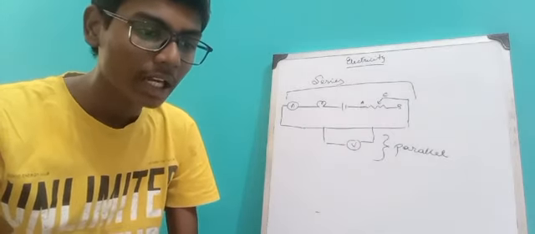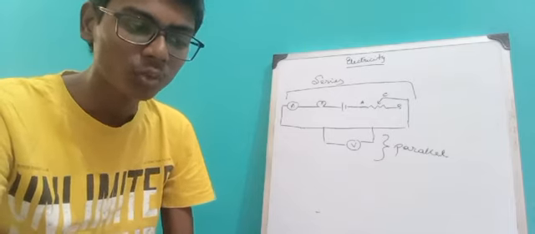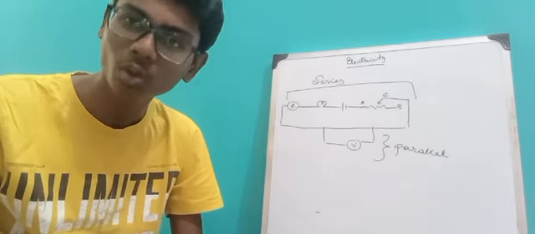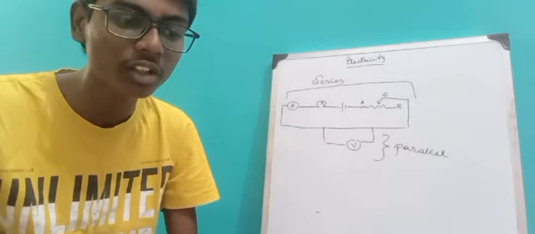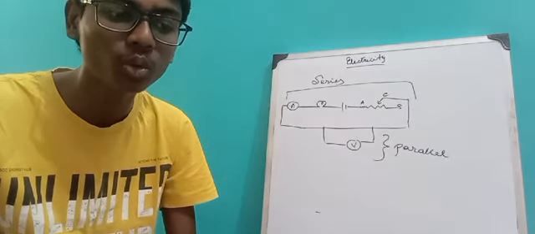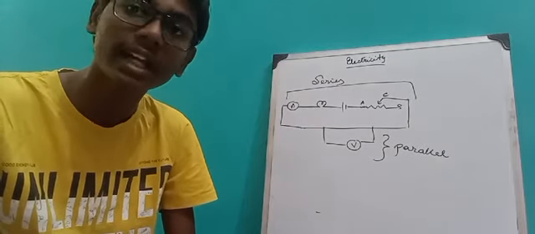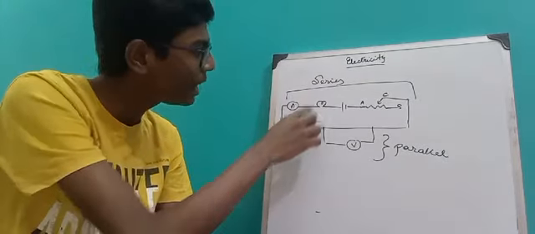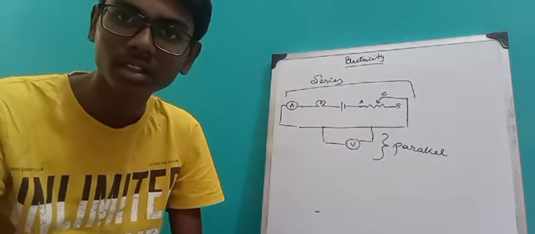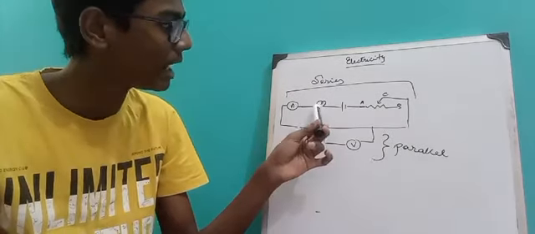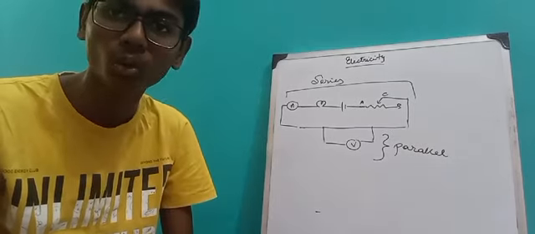Now I'm just reading out one simple thing for open and closed circuit. For an electric circuit to be complete, each component of it must pass current through it. That means it must be conducting. If suppose there is a little breakage like this, then it is an open circuit. Electrons cannot flow. This appliance, that is the bulb, will not glow.